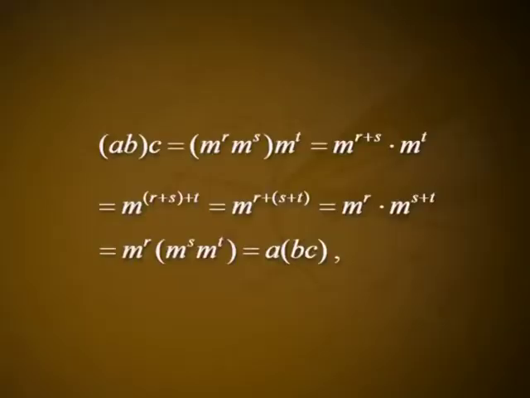G1. If we also take C equals m raised to t, then (AB) into C equals (m raised to r into m raised to s) into m raised to t equals m raised to (r plus s) into m raised to t equals m raised to (r plus s plus t), which equals m raised to r into (m raised to s into m raised to t), which equals A into (BC), showing the associativity. G2.